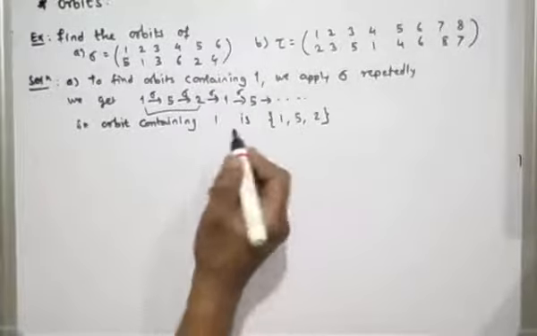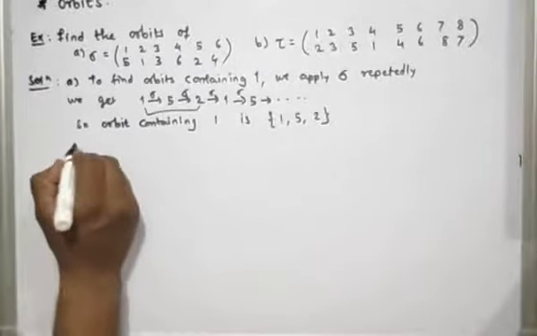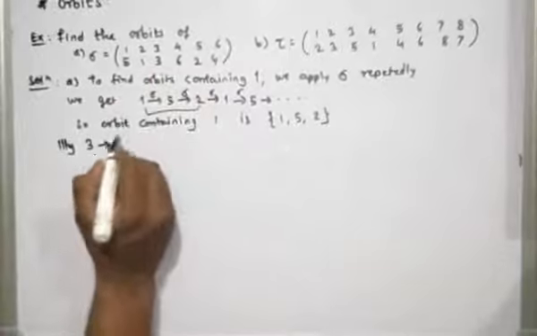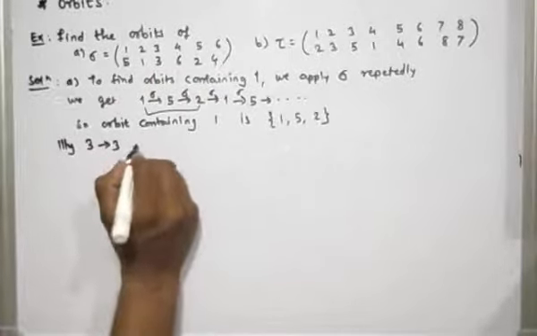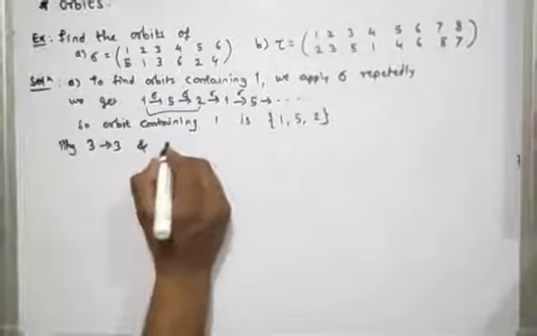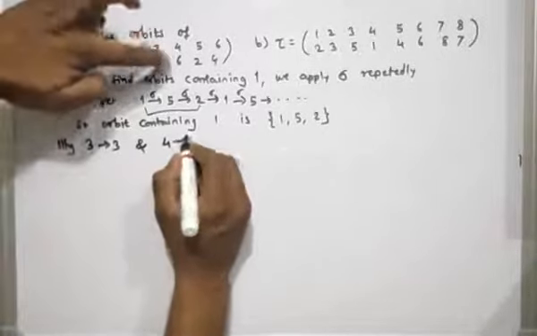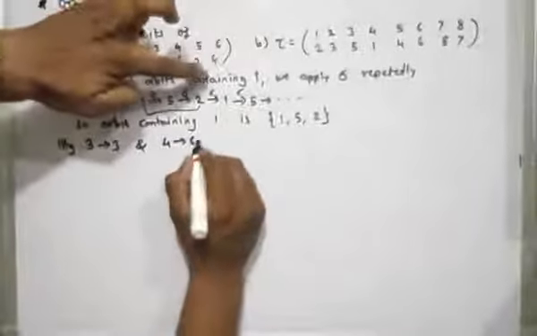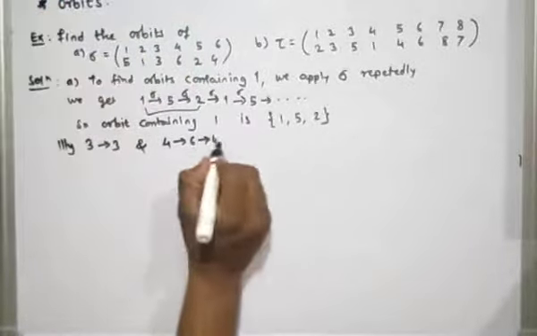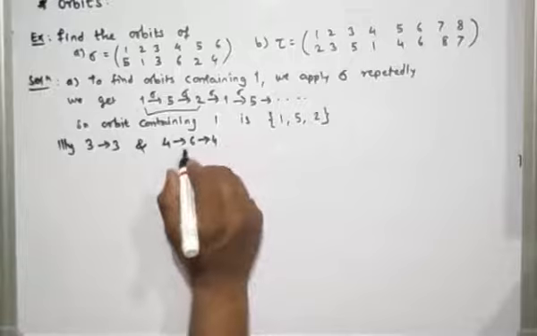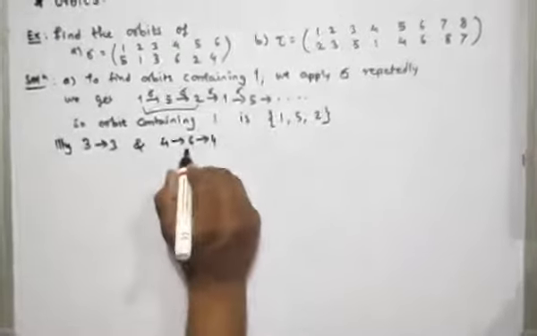Next we will take 3. Similarly, 3 goes to 3, so it has only a singleton element. And next 4: 4 goes to 6, and 6 goes to 4, means again the element will be repeated. So the orbit will have only 4 and 6, 2 elements.